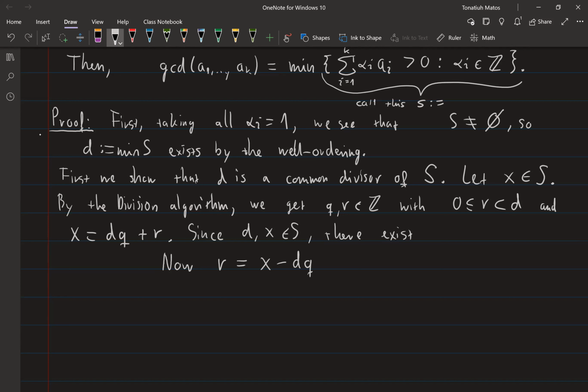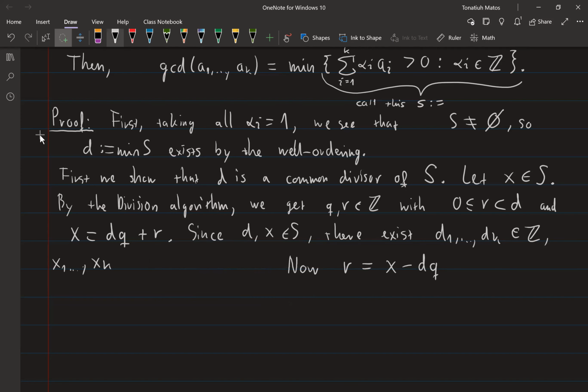coefficients that tell you how to produce these numbers as linear combinations, right? So there exist, maybe you could call these d_i's, integers. These are integers, possibly negative integers. And for the x, why don't we just label them x_k? Hopefully this doesn't cause any confusion, but it shouldn't.